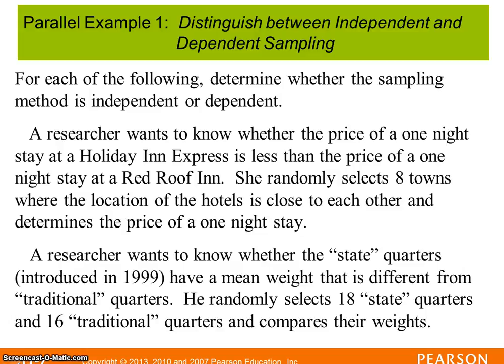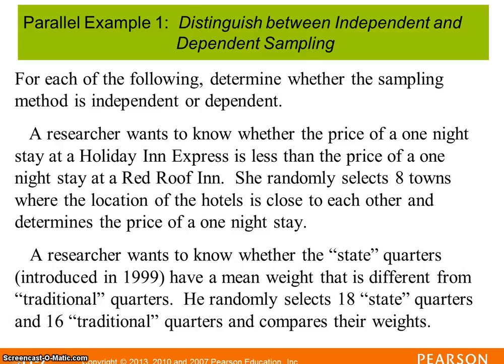To look at the second example, let's say that a researcher wants to know whether state quarters have a mean weight that is different from traditional quarters. So he selects 18 state quarters, in other words, quarters with the various states on them, and 16 traditional quarters, and compares their weights. This would be independent, because whatever state quarters are picked should not have an effect on the traditional quarters that are being compared.